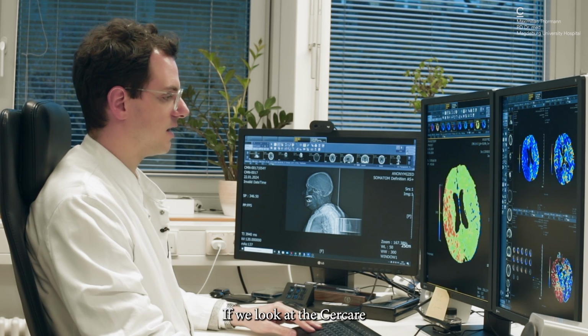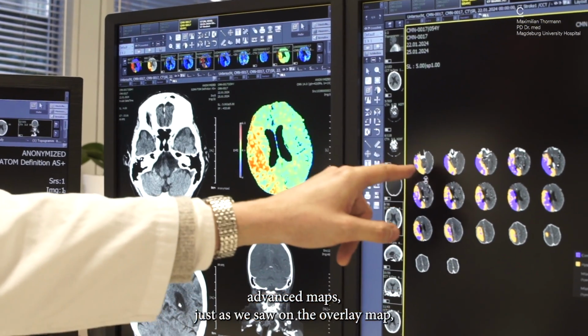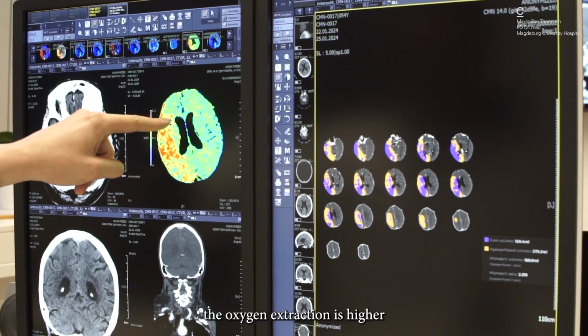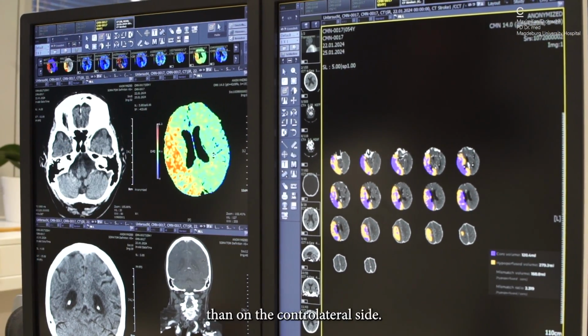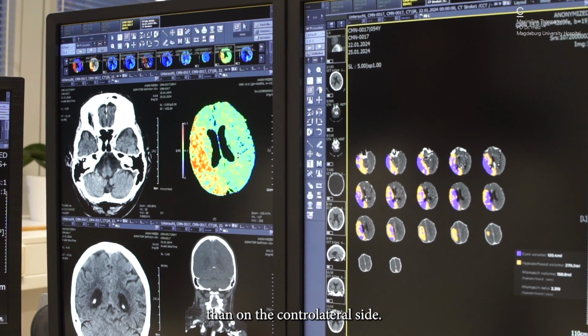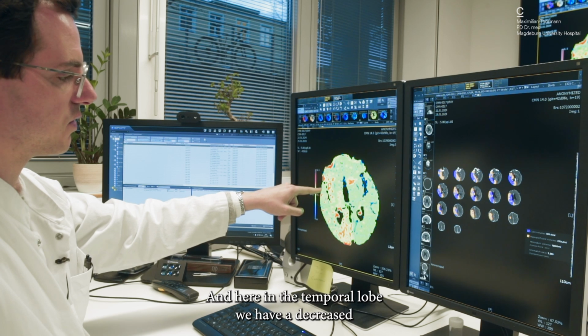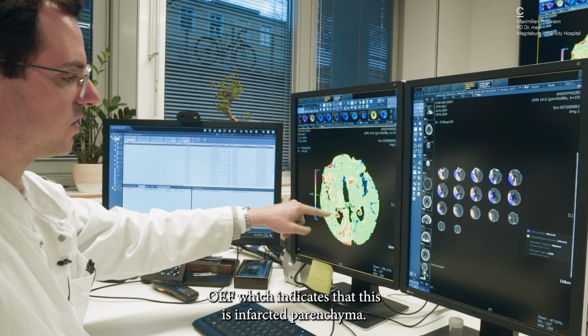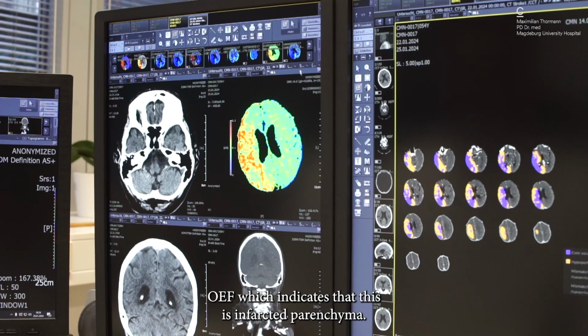If we look at the Cercare advanced maps, just as we saw on the overlay map, the oxygen extraction is higher than on the contralateral side. And here in the temporal lobe, we have a decreased OEF, which indicates that this is infarcted parenchyma.